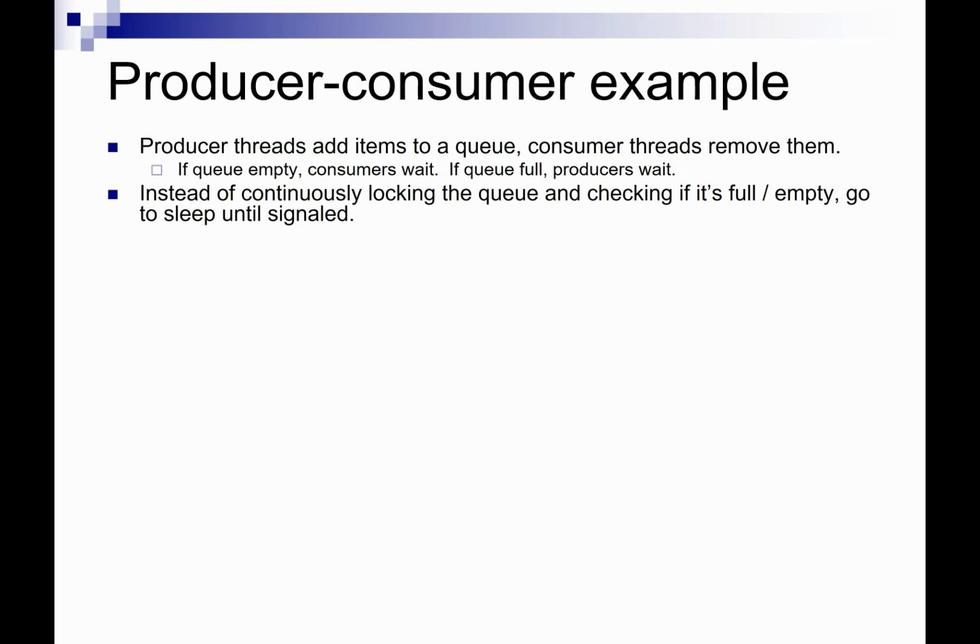One way you can solve this problem is that whenever the producers and consumers access this queue, because the queue is shared between multiple threads, the threads need to lock the queue. Then you check if it's empty or full. If you're the producer, you check that the queue is not full. If you're the consumer, you check it's not empty.